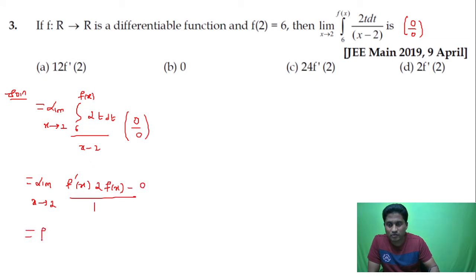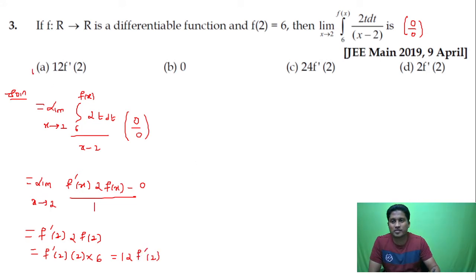As x is tending to 2, you get f dash of 2 into 2 into f of 2. There's no value for f dash of 2, so I'll keep it as it is, and 2 into f of 2 will be equal to 6. So the answer will be equal to 12 into f dash of 2. Answer will be equal to option A.